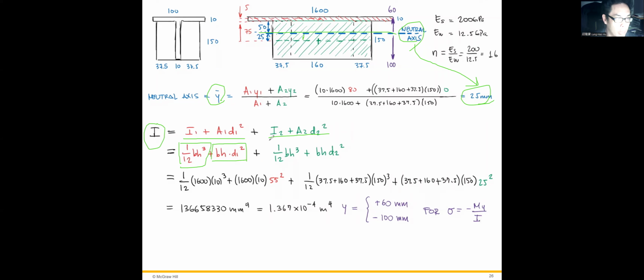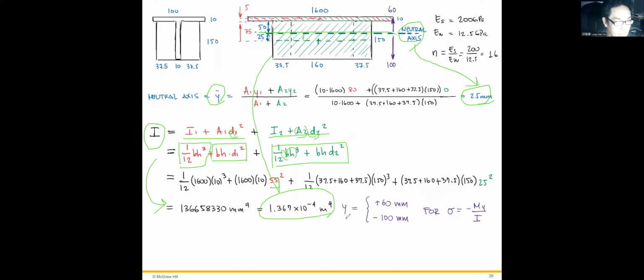Okay, for the bottom part, it's still just a rectangle, right? So the same thing. And we can plug in all those numbers, bh, right? D1, D2, A1. And we just do some math work. We get the second moment of inertia of this component as 1.367 times 10 to the minus 4.